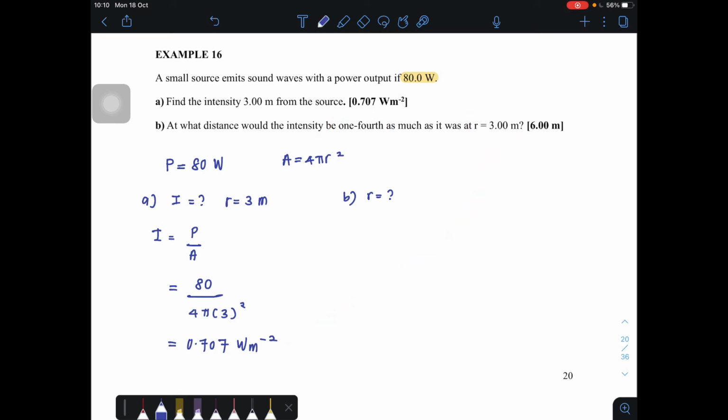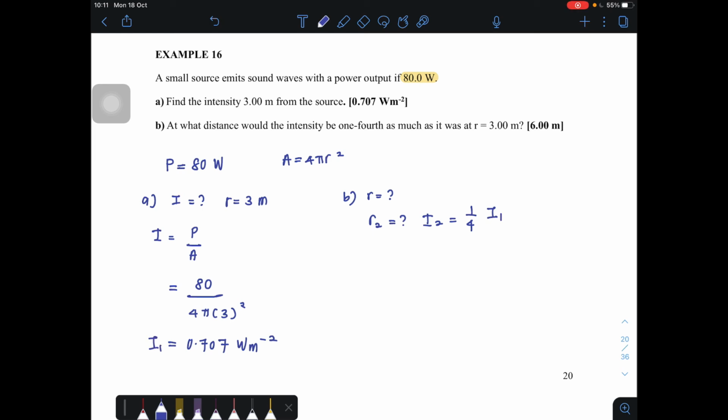So now at the second situation, second distance, we want to find R2 apabila I2 adalah 1/4 of the value at this distance, which is this value. So 1/4 of I1, this is I1 lah yang tadi.